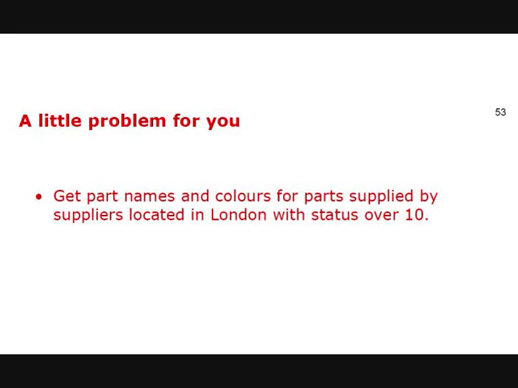So how do I get all of the suppliers, but not those that are in the shipment table? Set difference. Set difference will do it, because we're going to have all of the suppliers minus the suppliers that are in the shipment table. And then we have the suppliers that don't supply anything.